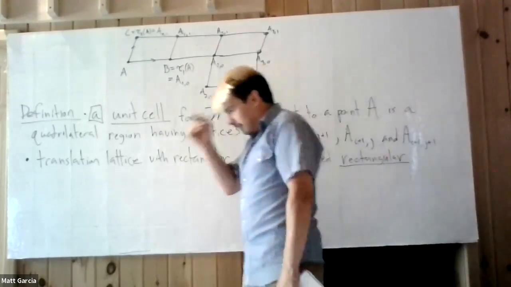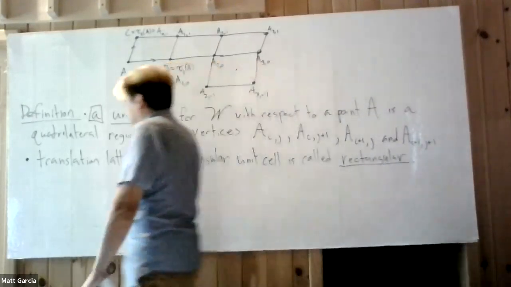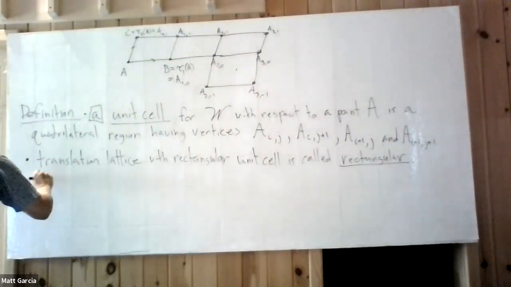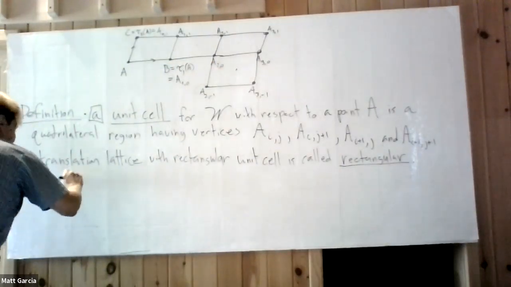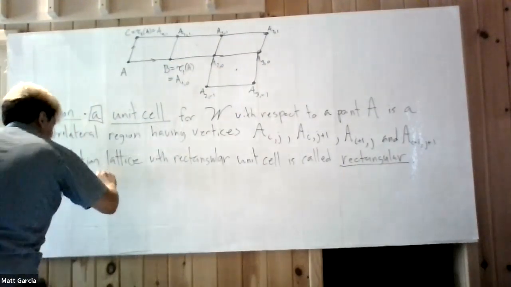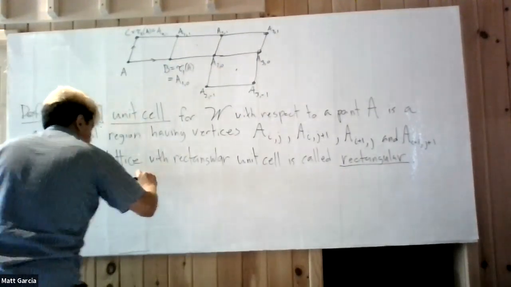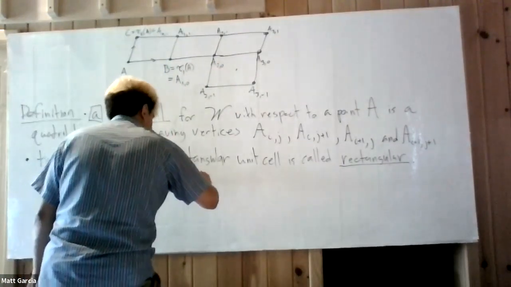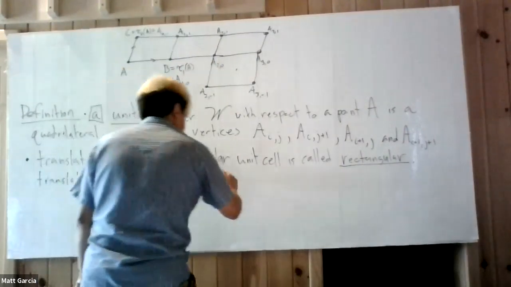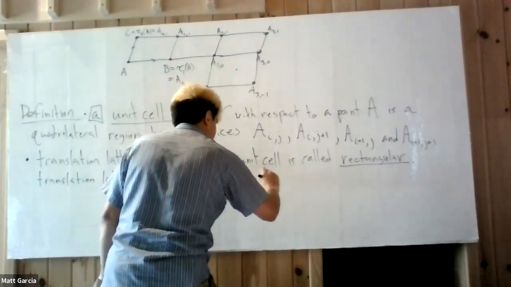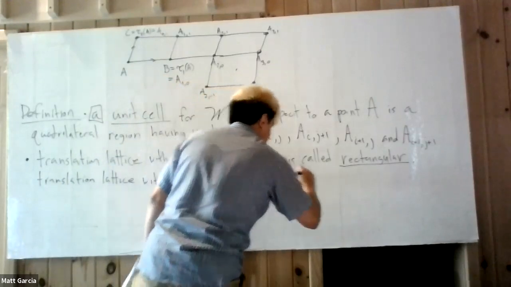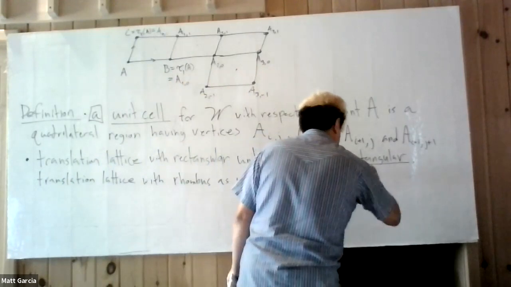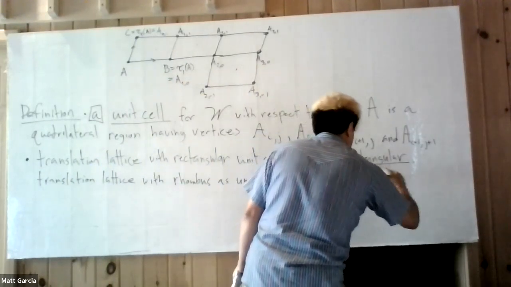So if a unit cell has this property of being a rectangle, then we just call the whole translation lattice rectangular. Likewise, a translation lattice with a rhombus as unit cell is, I bet you can guess, called rhombic.